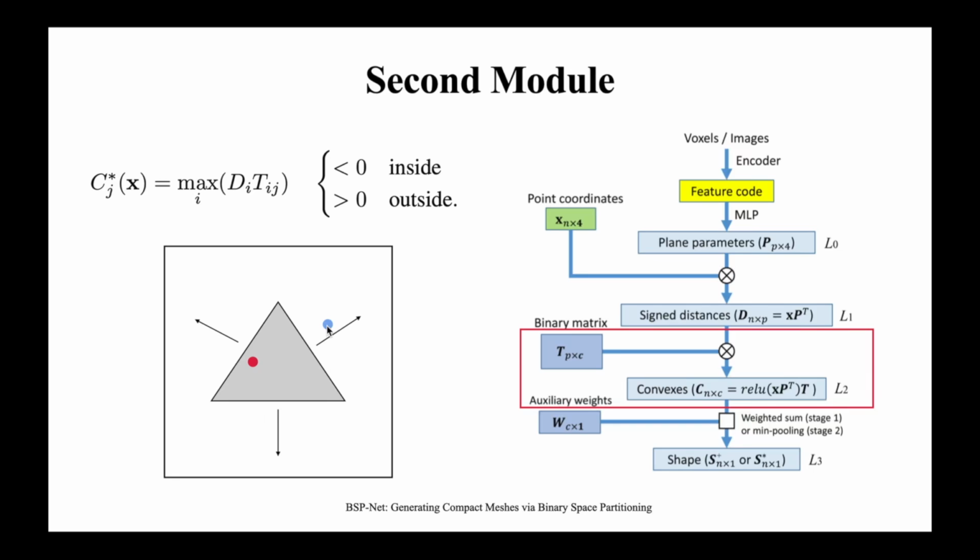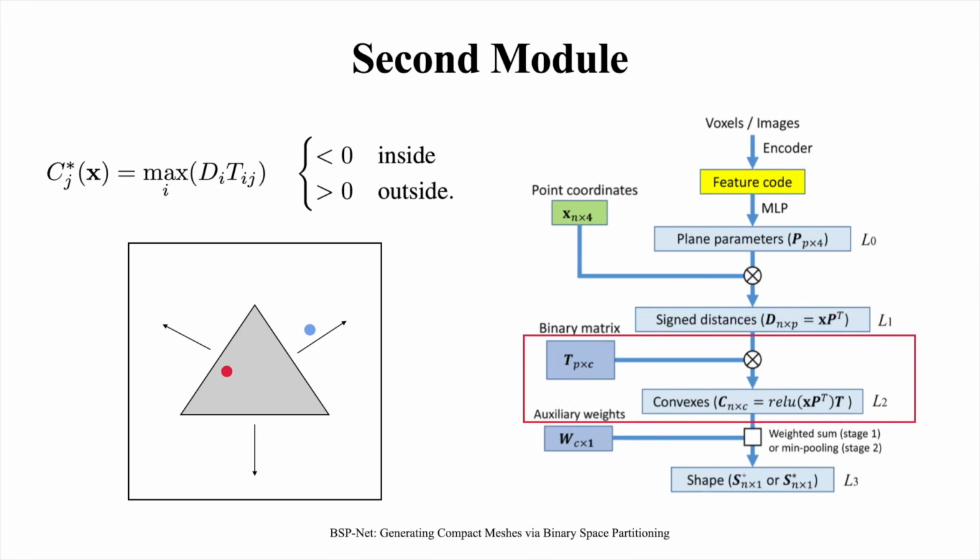So as you can see, its side distance to this side is negative, and its side distance to this side is also negative. However, its side distance to this side would be a positive number. So we can conclude that if a point is inside a convex, then its side distance to the convex sides would be all negative numbers.